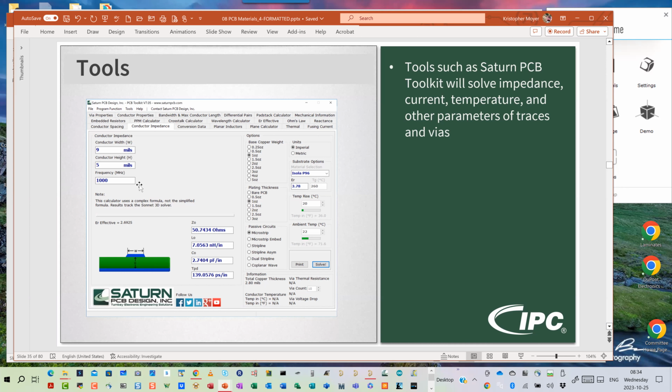Instead, they make this assertion here: the calculator uses a complex formula, not the simplified formulas. The results, they claim, track the Sonnet 3D field solver, but I have seen no white papers or third-party data analysis from them that proves that it does properly track a 3D solver, and I have no direct first-hand experience with Sonnet.